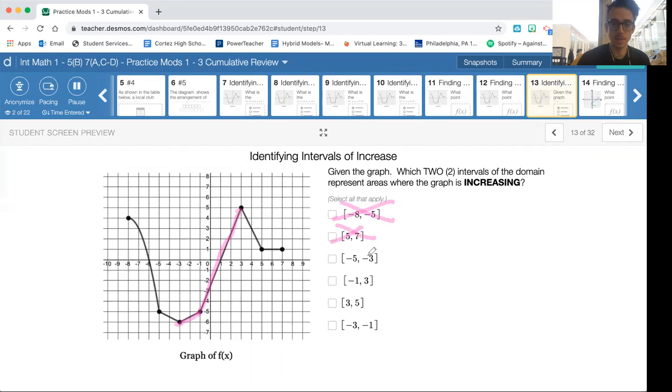That's not it. -5 to -3 is decreasing. That's not it. -1 to 3. Yeah, that actually is looking good. So that's one we want. 3 to 5 is decreasing. And notice we need 2 intervals. So the other one that's going to make sense is from -3 to -1. So those 2 intervals work just fine.